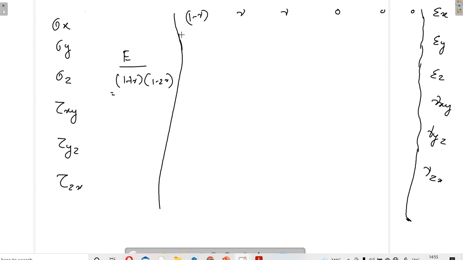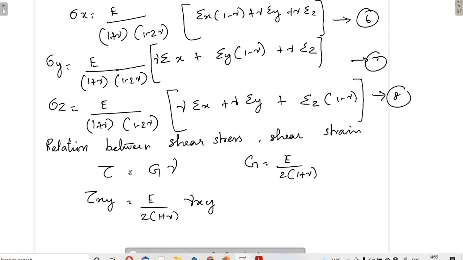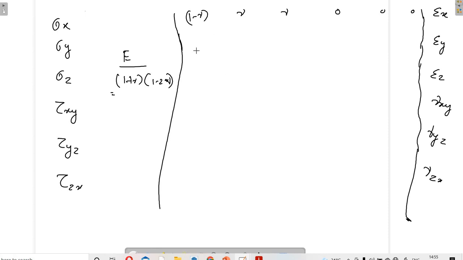So if you multiply this row, E divided by (1 plus nu)(1 minus 2 nu), it is equal to epsilon x into (1 minus nu) plus nu into epsilon y plus nu into epsilon z. That is the equation we have derived here. So all other items are 0. Similarly we have to fill nu, 1 minus nu, 1 minus nu. So this is for the stress equation. All other terms are 0.